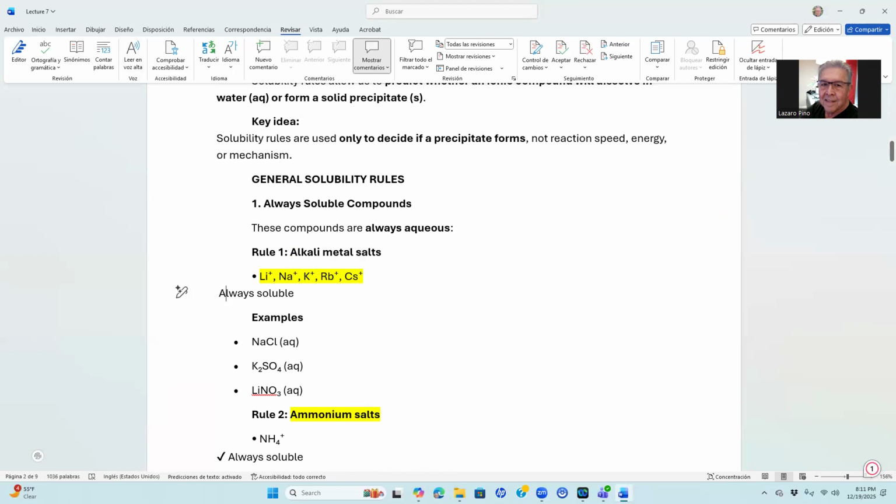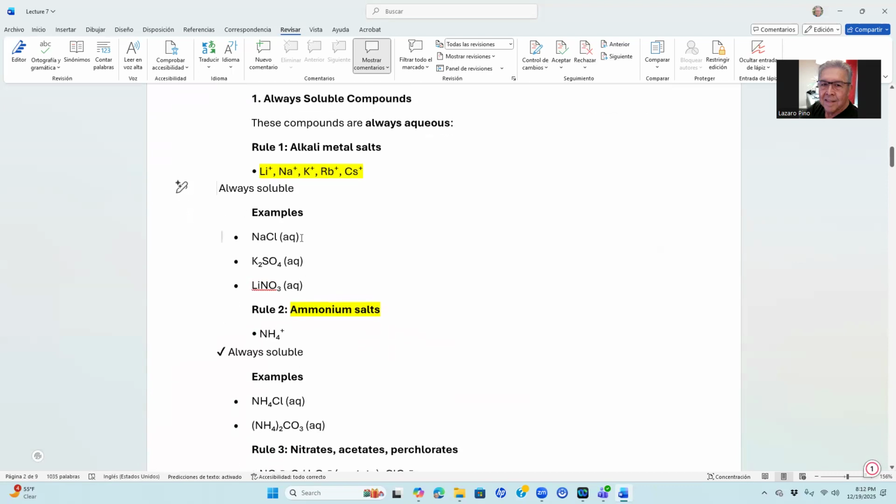Here you can see that for the elements from group 1, every time you observe a lithium cation, sodium cation, potassium cation, rubidium cation, or cesium cation, all these compounds are soluble. Examples, here you have a group of these substances.